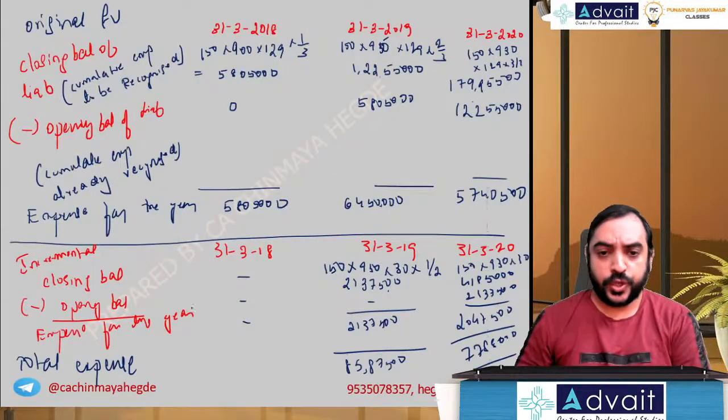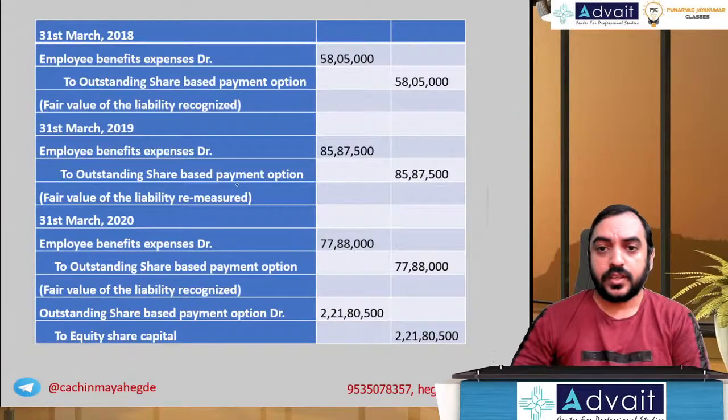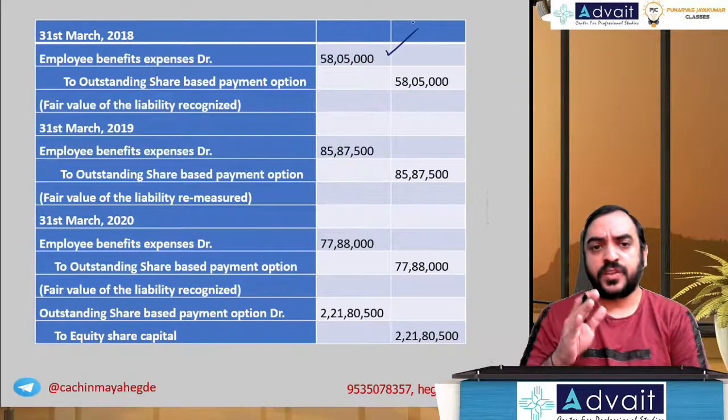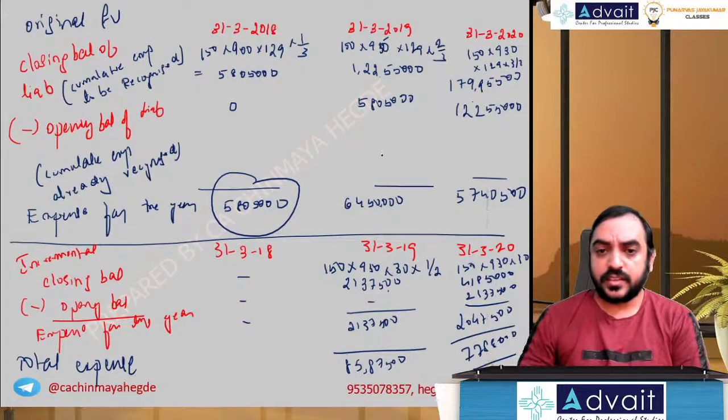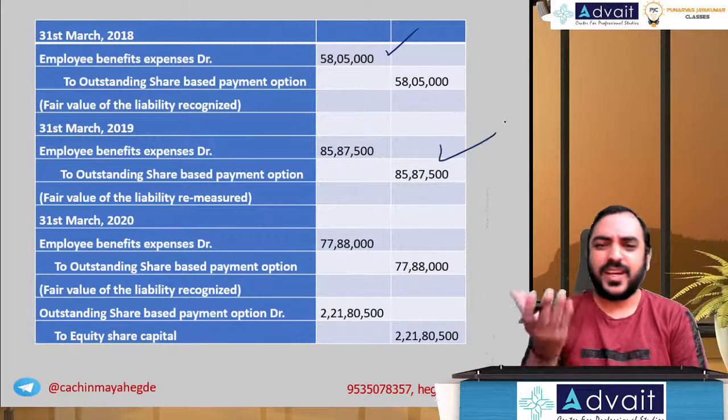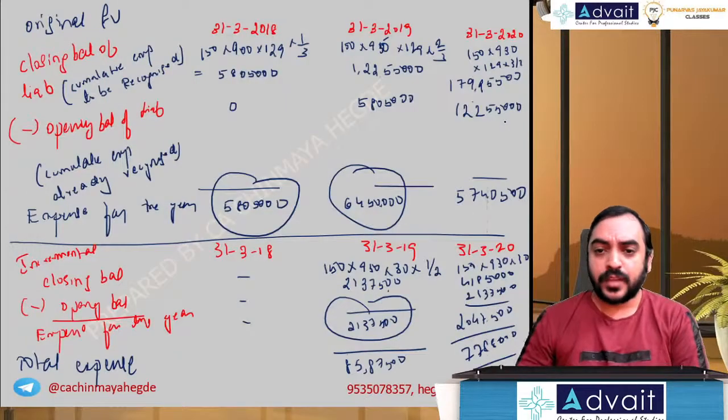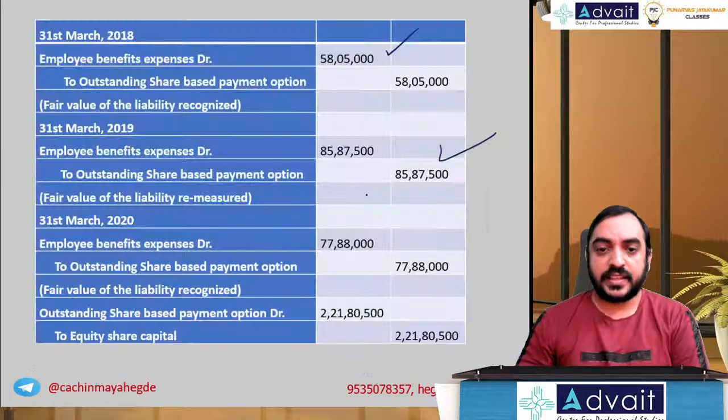First year, as I told you, this 58 lakh 5,000: employee benefit expense to share based payment, outstanding share based option. Then second year, 64 lakh 50,000 plus this one, that is 85 lakh 87,500, the same entry, you don't have to pass a separate P&L entry. And third year, this total 77 lakh 88,000, employee benefit expense to liability.